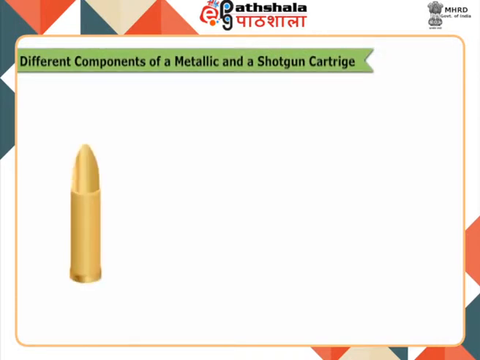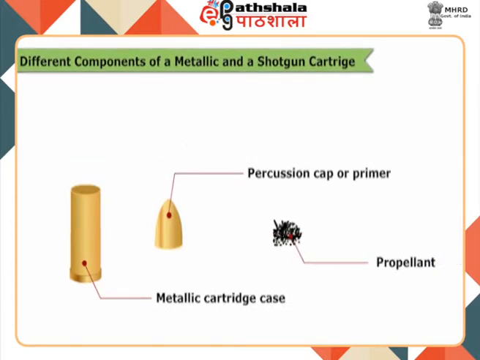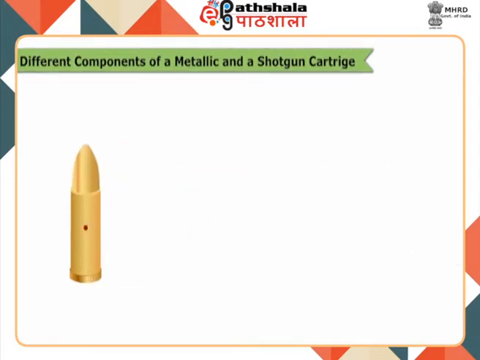The components of a metallic cartridge are: A. Metallic cartridge case or shell. B. Percussion cap or primer. C. Propellant or gunpowder. D. Bullet.